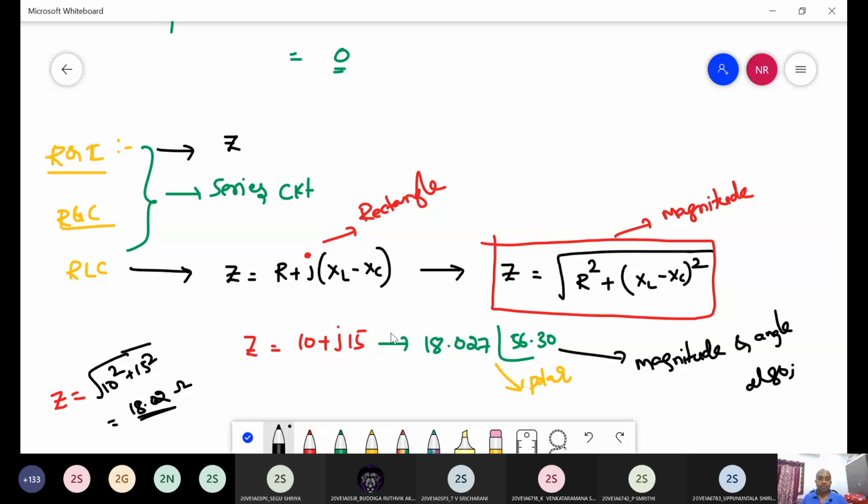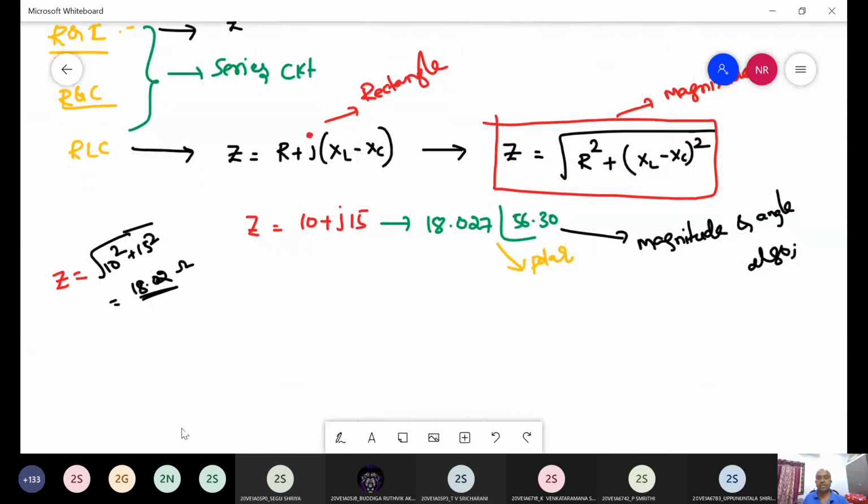Now here, for Z, okay, take the same simple problem, suppose V is some 200 volts given. So it means here, for V and Z, the vector diagram, or for V and current.